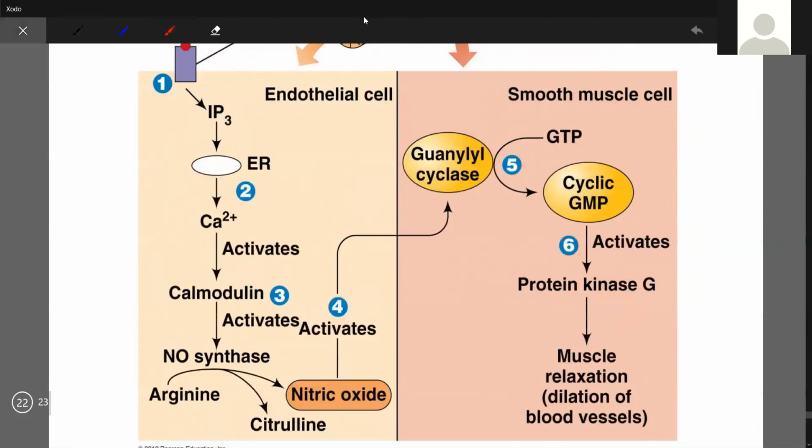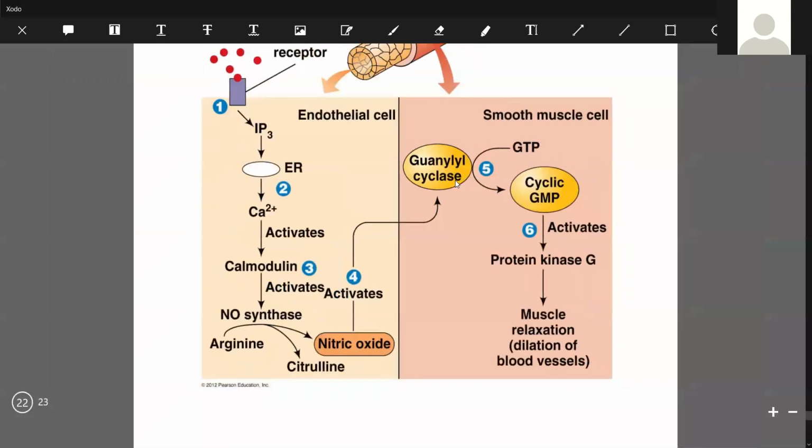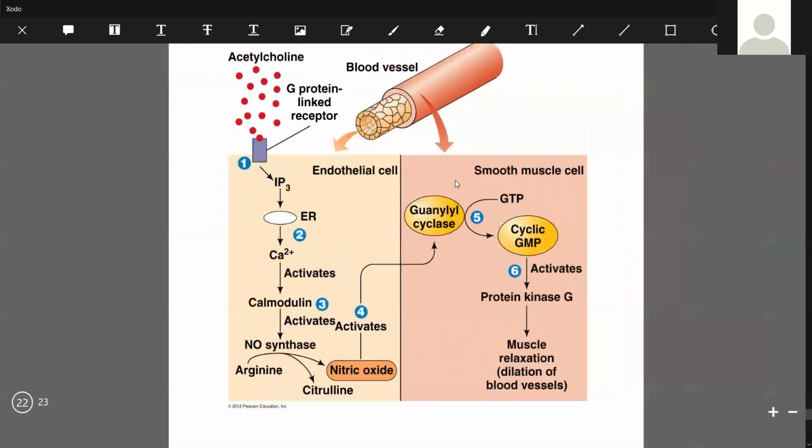How this nitric oxide works and how this M3 works, that's two different things. Now, in your endothelial cell, there is M3, that is muscarinic receptor.